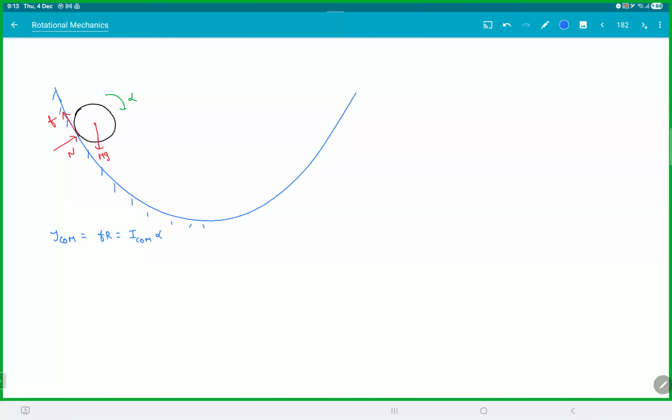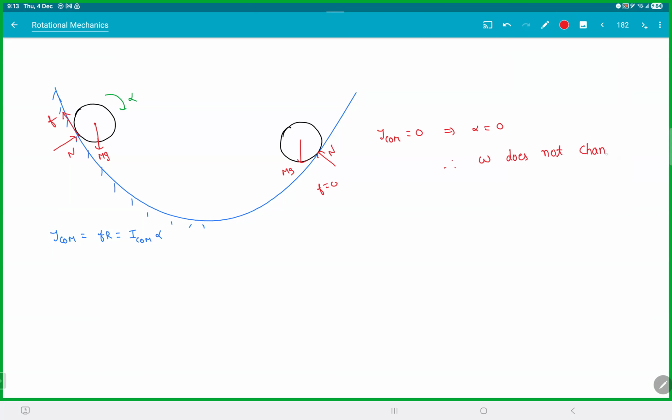So basically, this alpha is creating that omega. You're getting it? So the body is able to roll. But once you enter the other side, see what happens. Once you enter this side, there is mg and normal reaction, and friction is 0. If we take torque about center of mass, we get 0. Therefore, alpha is 0. Therefore, omega does not change.